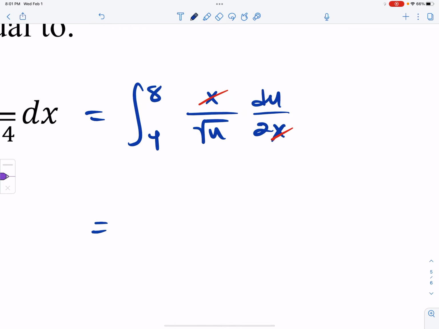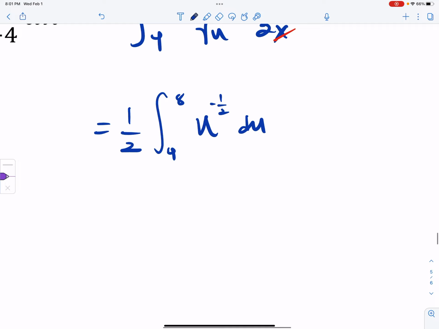Then I'm going to pull the 1/2 out and rewrite that as u to the negative 1/2 power du. Now it's just integrating and applying the fundamental theorem of calculus. So the 1/2 is going to hang out here. This is where I like to use the bracket notation.